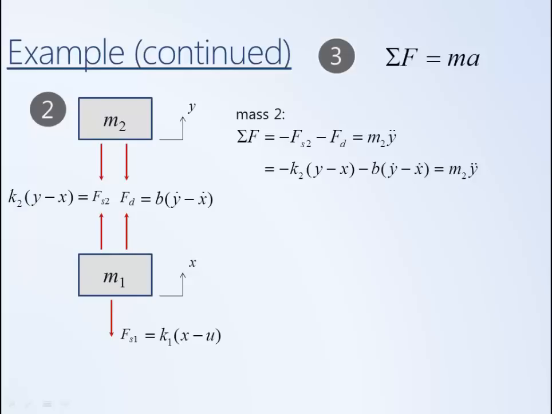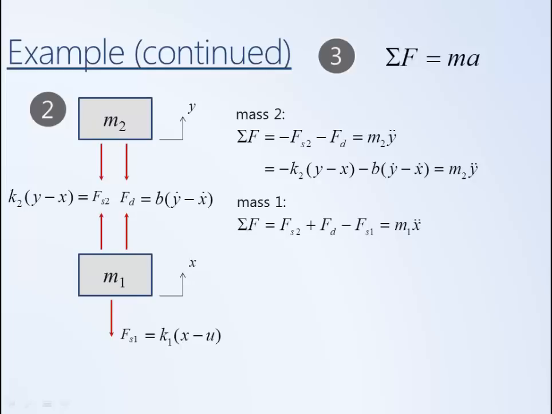We then apply the same process to mass 1, apply Newton's second law. In terms of mass 1, we have three forces, Fs2, Fd, and Fs1. Since Fs2 and Fd are both up, which we've chosen to be our positive orientation, they will be positive, while Fs1 will be negative. The mass of this inertia is m1, and its acceleration will be x double dot.